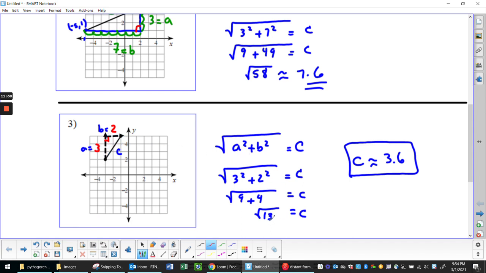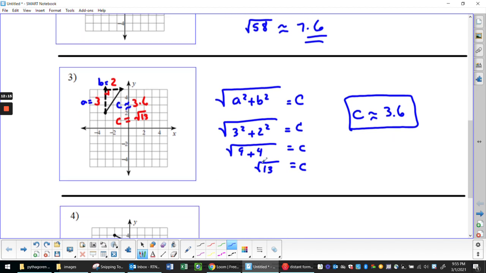Put in the formula, get the square root of 13, and 3.6 is the diagonal distance. So this is approximately 3.6. And some people write the square root of 13, so it's not an approximation, it's an exact distance. But if you are rounding, you can certainly use the approximation, which is the squiggly lines.